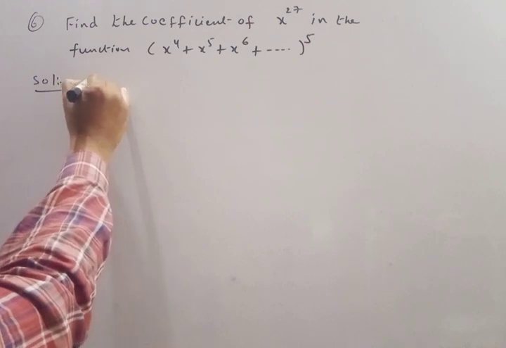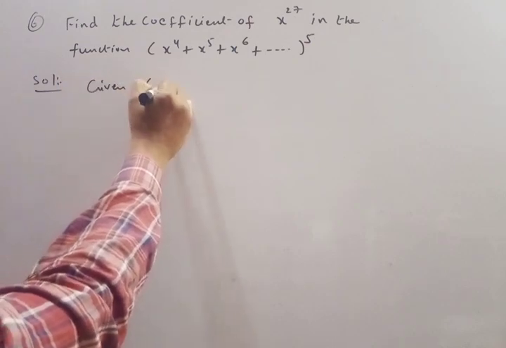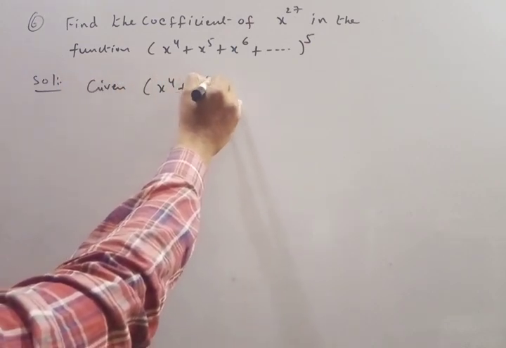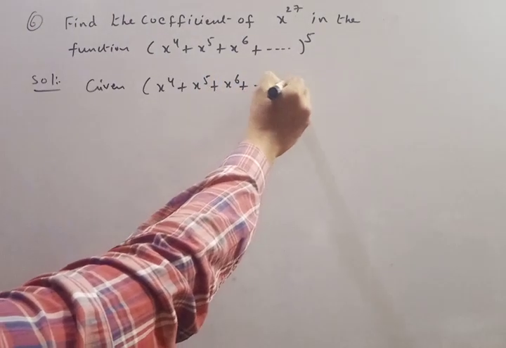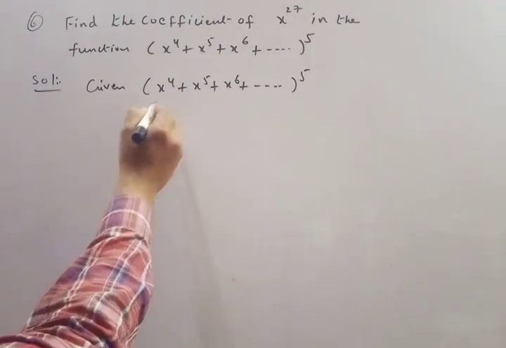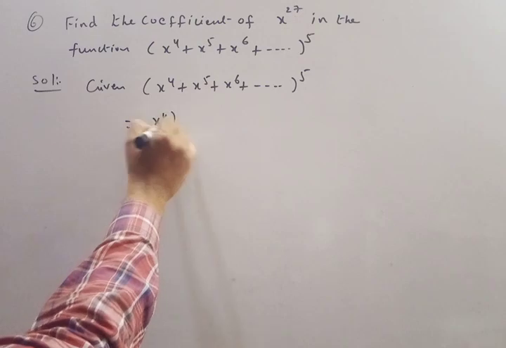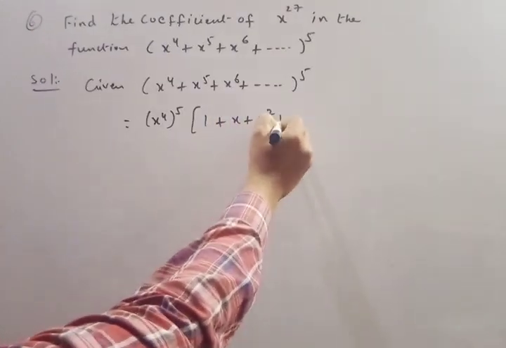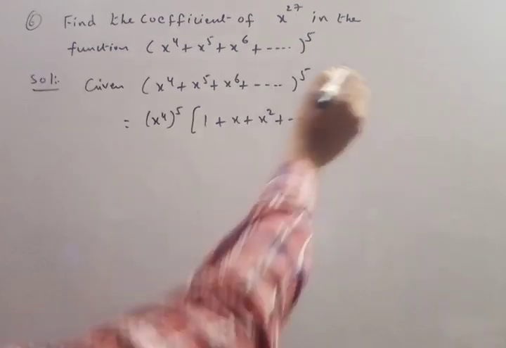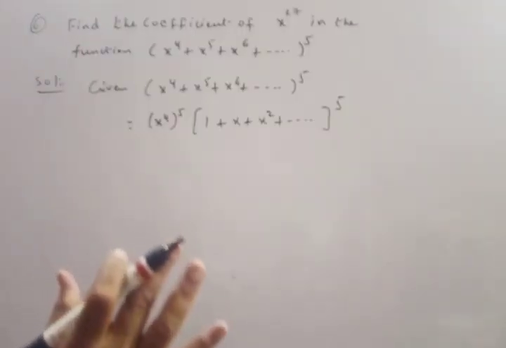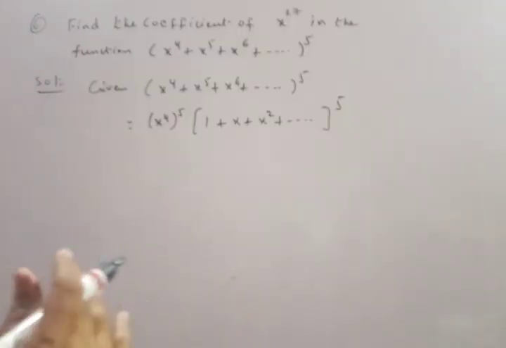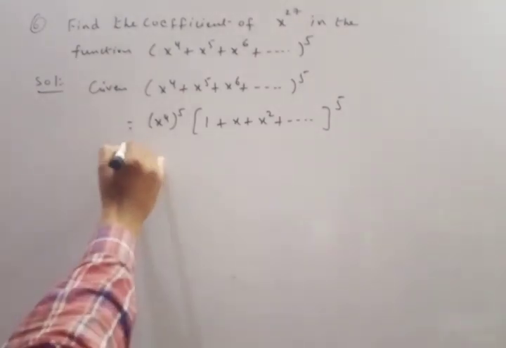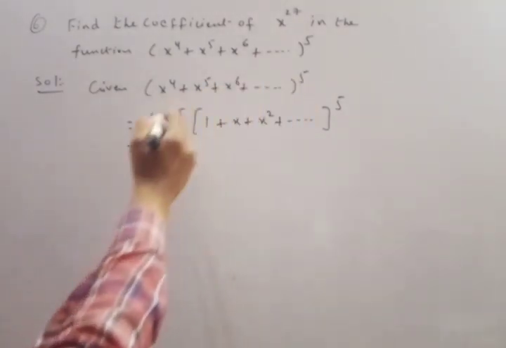Given is x power 4 plus x power 5 plus x power 6 plus so on whole power 5. This can be written by taking x power 4 common: x power 4 into (1 plus x plus x square plus so on) whole power 5. We have to convert the given problem into basic formulas which we already know. So x power 4 I took out, whole power 5 also will come.